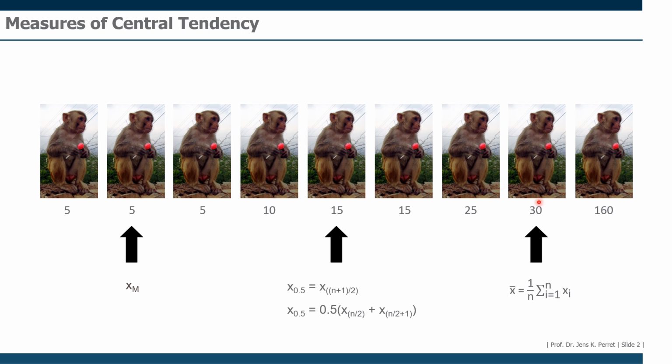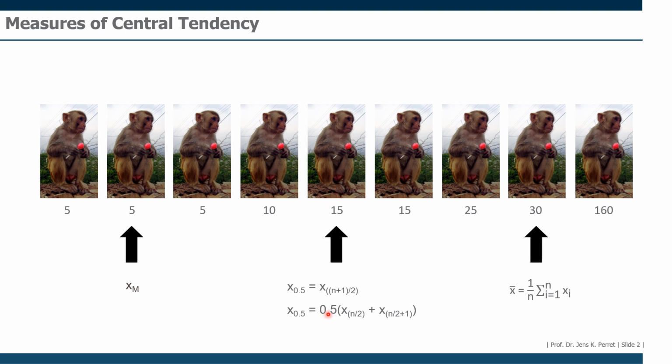Well, this is just incidental that we actually get a value which is present in the dataset, because usually this is not the case. So the average, the mean, not necessarily has to be part of our dataset. The median, well, in a case of an odd dataset, is always part of the dataset.